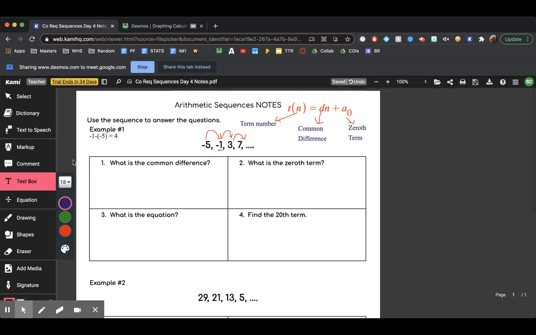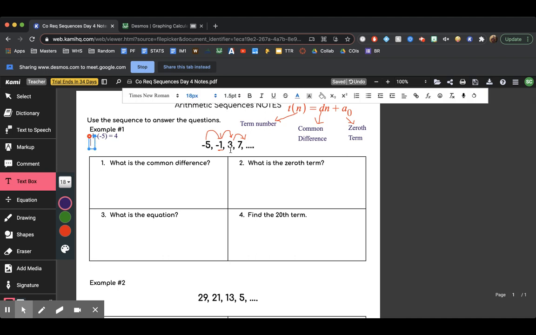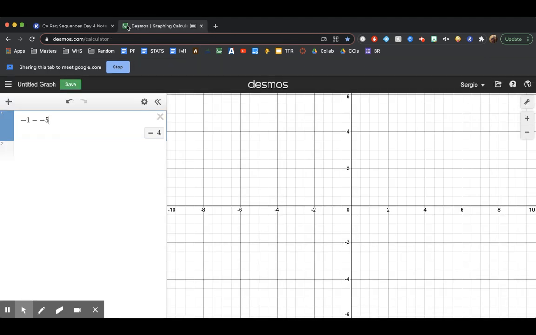Now, just to make sure, I'm going to do the next one. So 3 minus the previous number, which is -1. So 3 minus -1. Let me put it in parentheses, -1. And again, because we are dealing with a couple negative numbers, I recommend that you guys use decimals. So I have 3 minus a -1.